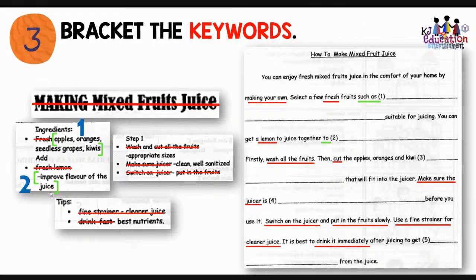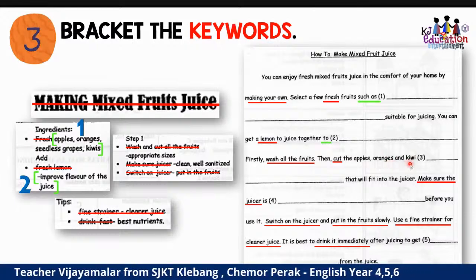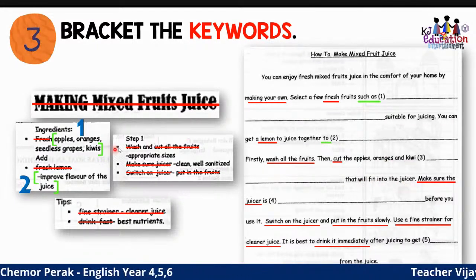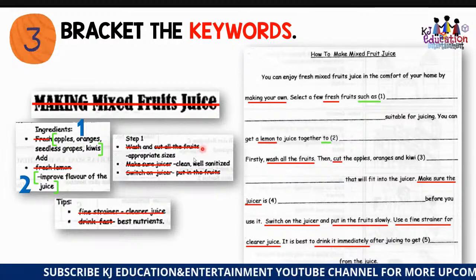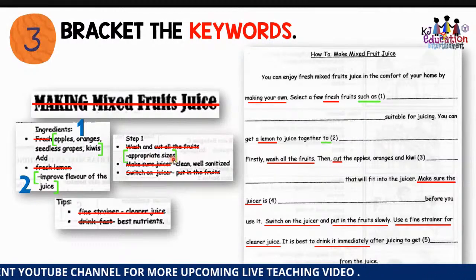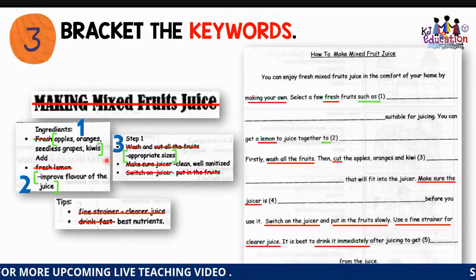Okay, so that would be number 2. Okay, so done. Let's move on to number 3. Then cut the apples, oranges, and kiwi that will fit into the juicer. So the information is over here. Yes, appropriate sizes. So we will label it as number 3.